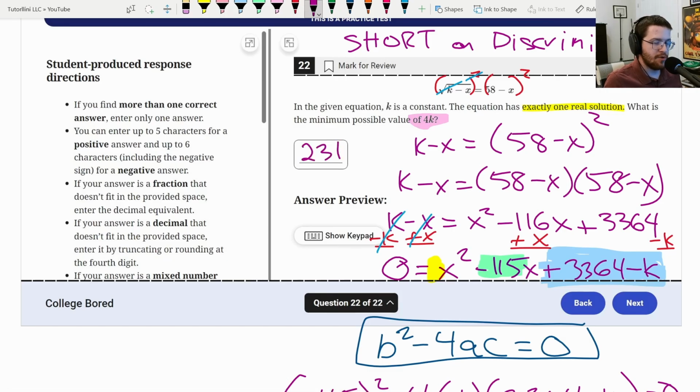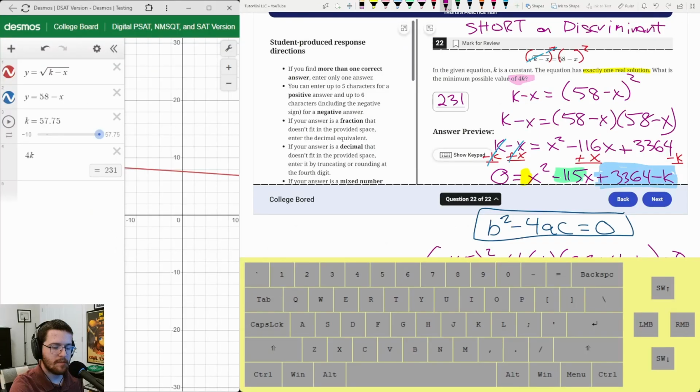Let's use Desmos to check our answer to make sure we did it right. Whenever we want to figure out the nature of the solutions, we break up the equation into a system. So I typed in y equals left-hand side, y equals right-hand side. I then typed in what we got for k, and then 4k just to show you that it does give you 231.